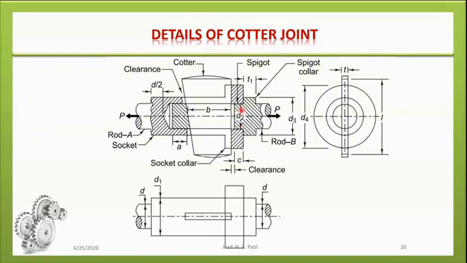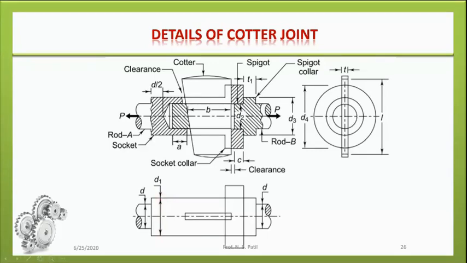So in order to remember the notation, first of all, you must understand this diagram very well and visualize it while solving the problem. Now this one is your D. This one is your D2 over here. And where is your D1? In the top view of this diagram, this one is your D1.